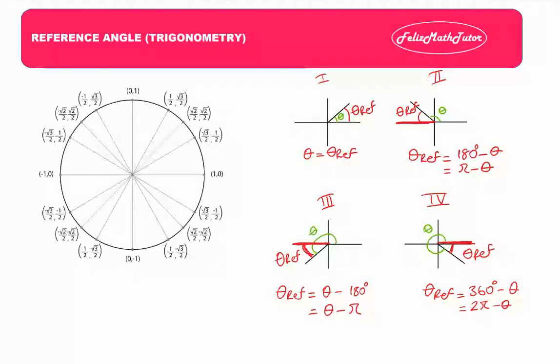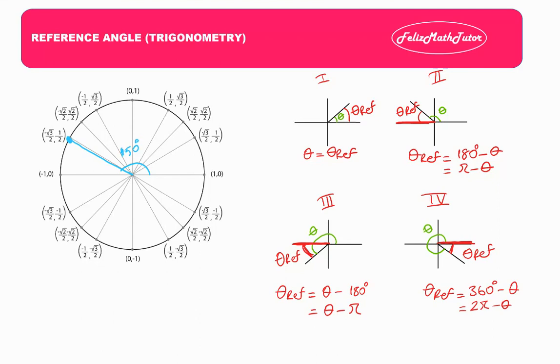Okay, so let me give some explanation on the unit circle so we can understand what we are actually doing with this reference angle stuff. For example, if I choose this angle in here, this angle was 150 degrees from here to here.